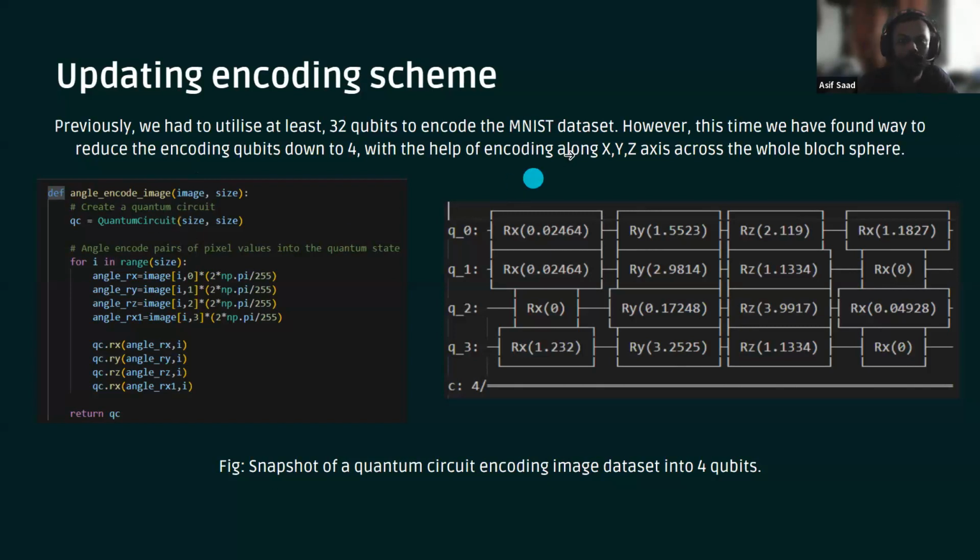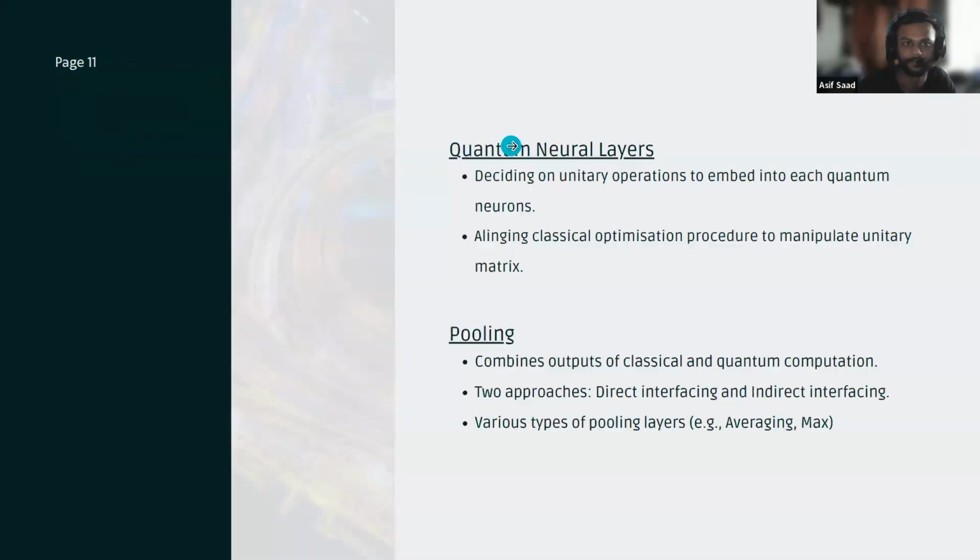How are we going to do that? We can rotate it first along the x-axis, then along the y-axis, then the z-axis, and then again along the x-axis. So this is the circuit representing a qubit encoding 4 pixels in just 1 qubit.